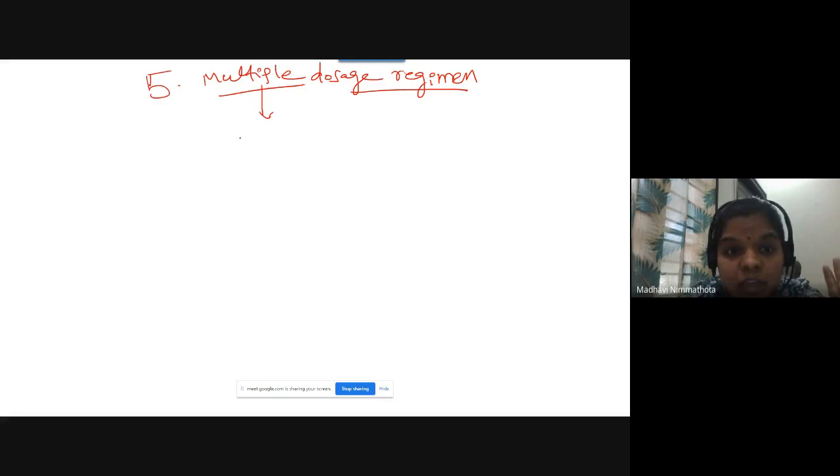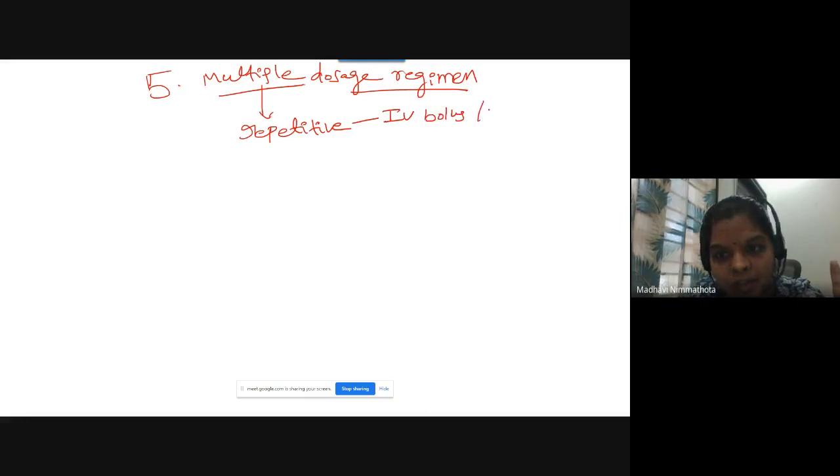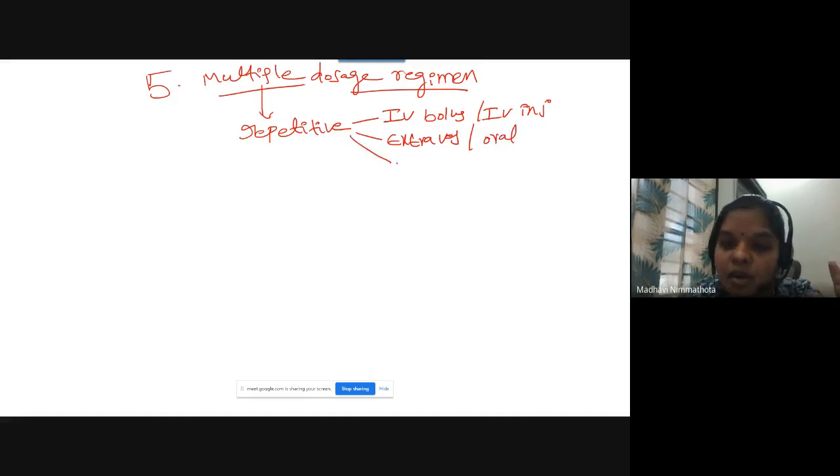What it is saying here is that we are taking repetitive doses either in the form of IV bolus or IV injections, or extravascularly. Extravascular is nothing but oral administration.